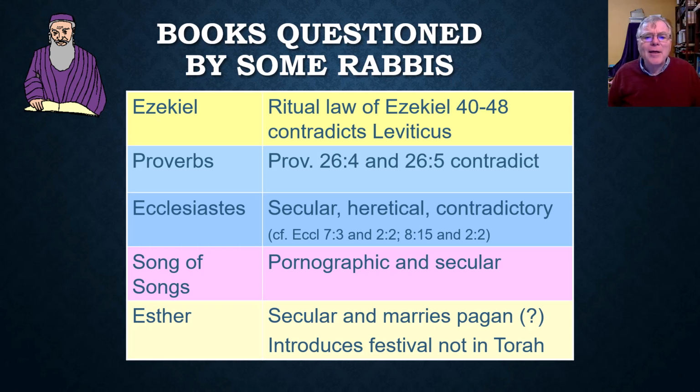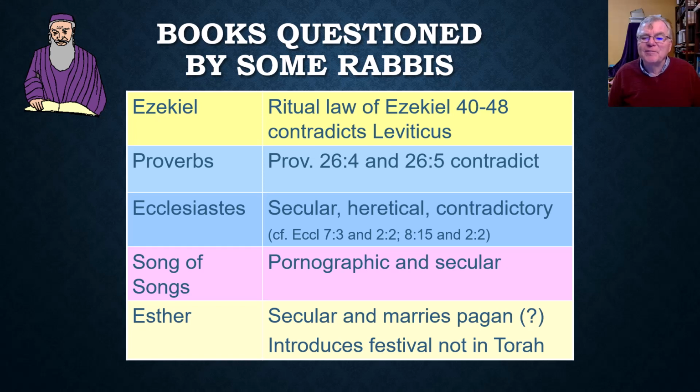And so that looks like a contradiction, and that led some to question whether it deserved to be in the canon. Then you have Ecclesiastes, which they question because it's pretty secular, not very religious in its language, and in some ways it seems to be heretical. There are certain verses that are hard to reconcile with each other. You can look it up later, but Ecclesiastes 7:3 and 2:2 seem to be in tension with each other.